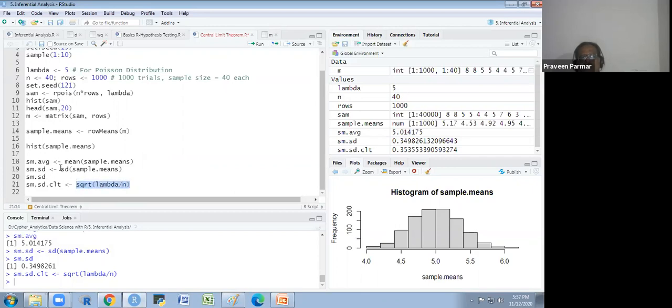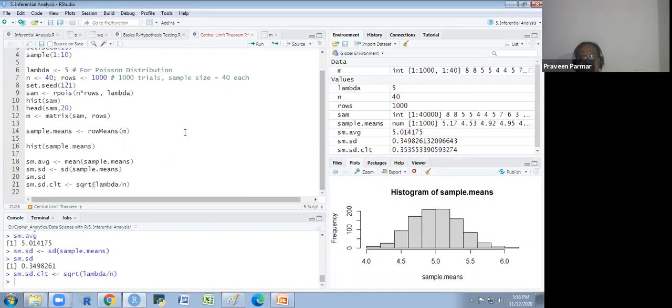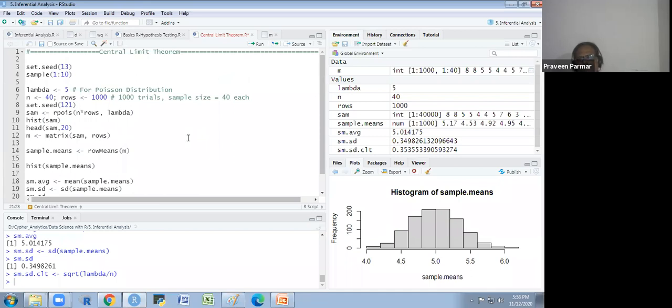So you have taken the sample means and then taken their SD, and it is very near to the population value. Got it? So that is all about the central limit theorem. Okay.